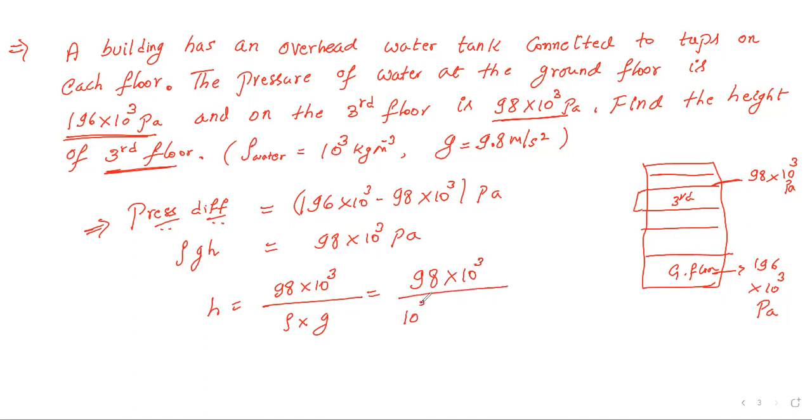It's the density of water, 10 power 3, into 10. So the 10 power 3 and 10 power 3 get cancelled. What will be the height? It comes to 9.8 meters. So this is the height of the third floor compared to the ground level.